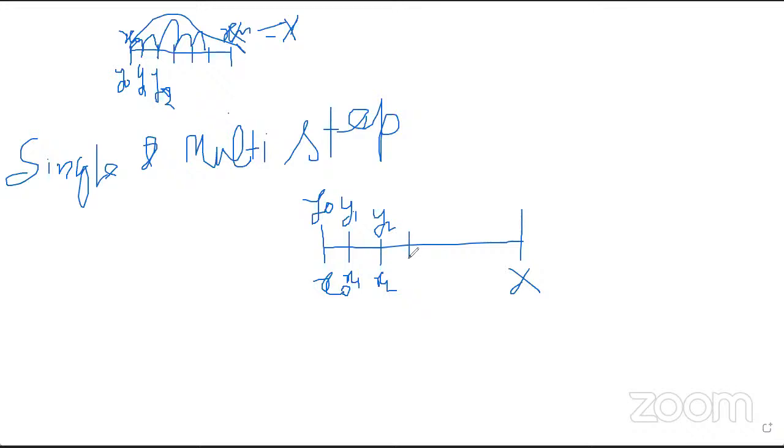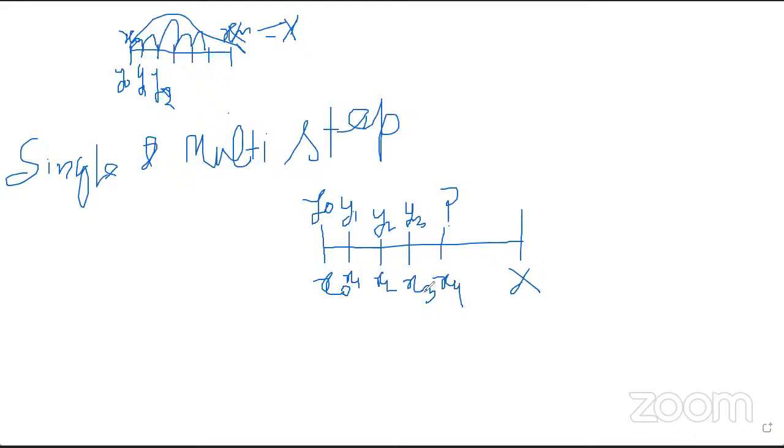So certain thing would be X3, Y3. Using Y2 we are predicting Y3. So in that way, now suppose I have to predict the value at X4. So now we have Y3 with us.